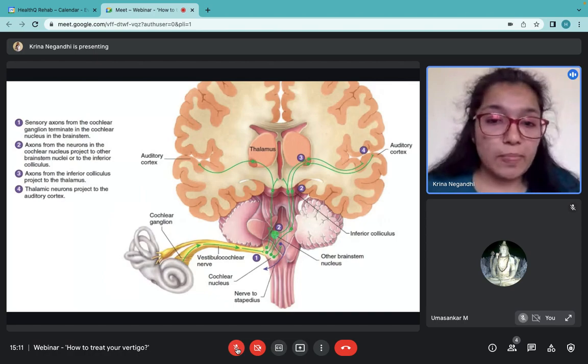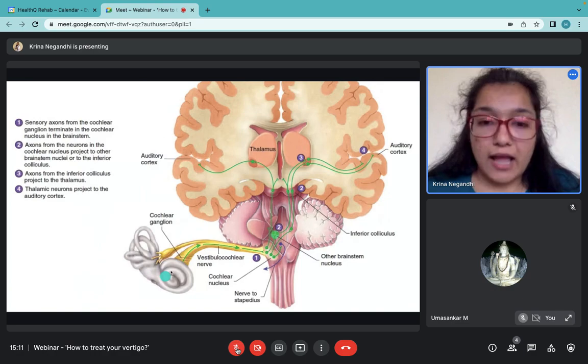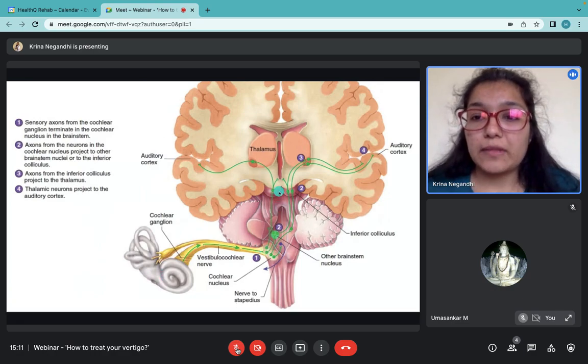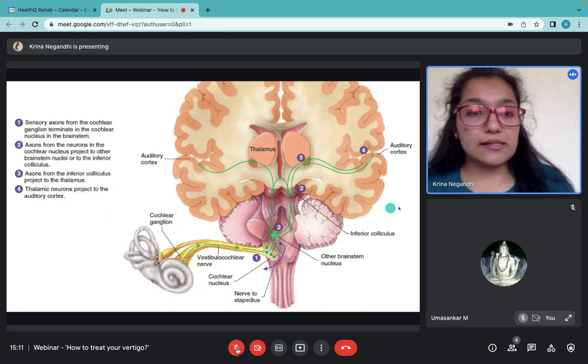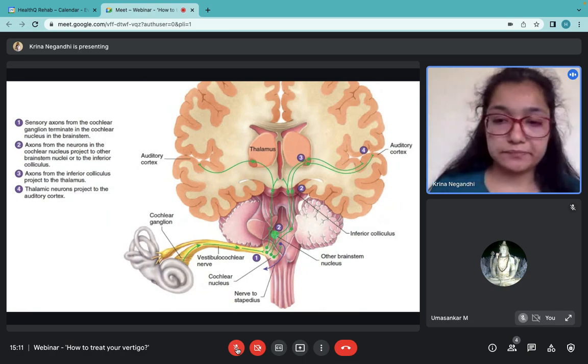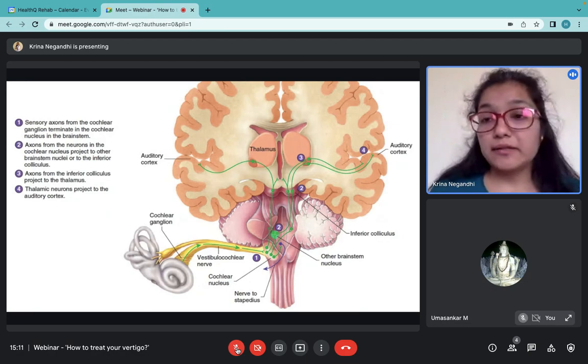As we understood, the three semicircular canals have the neuronal pathways going up to the brain. Here, the basic functioning and the control of the balance and the control of the body happens.